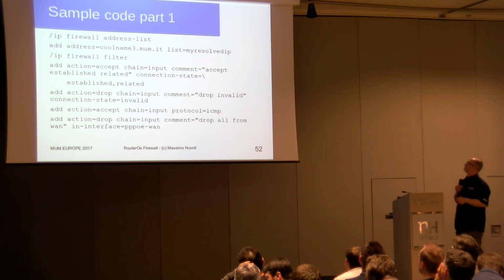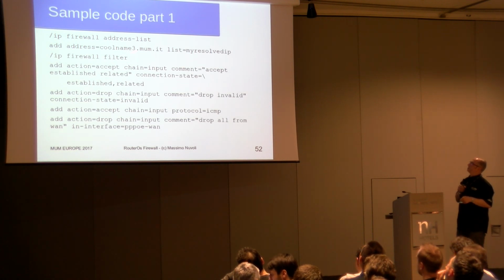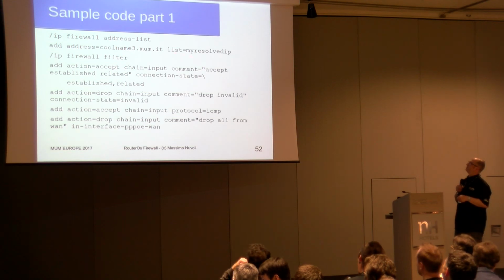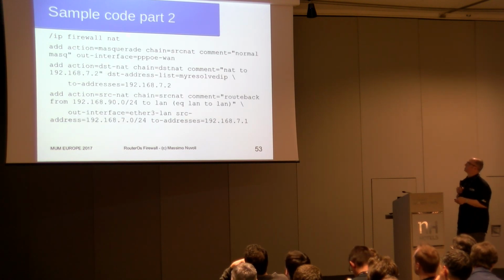We have the definition of the address list, with a cool name, mam.it. This is the list. We have a set of default rules. Then in the second page, okay, this is the most important.